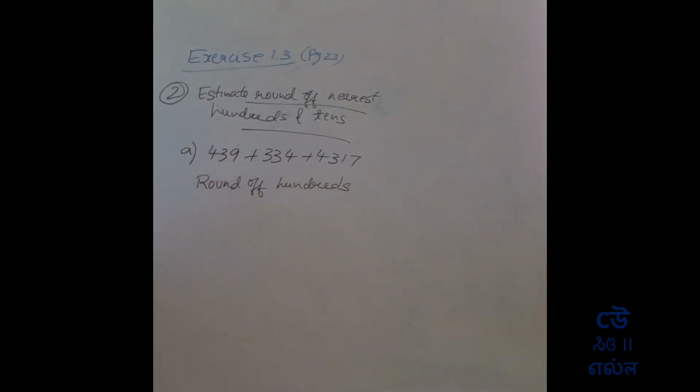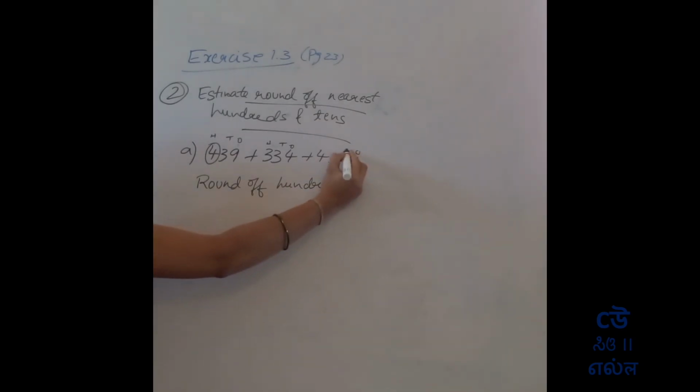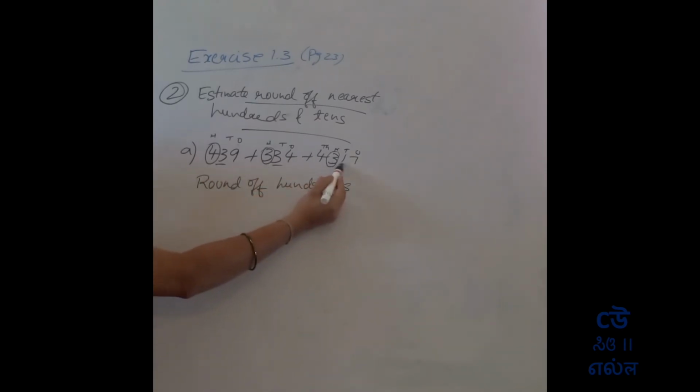So rounding off to 100. Circle all hundreds place value and consider the right hand side value.